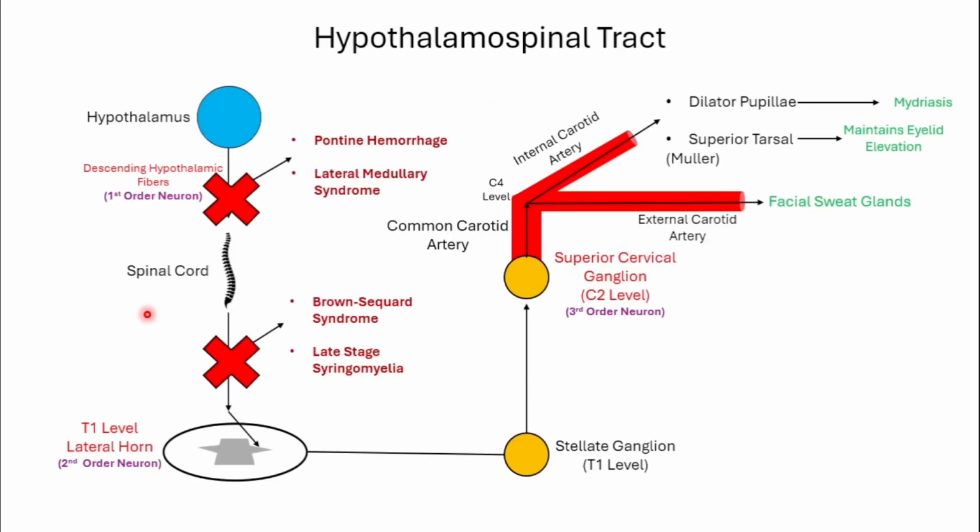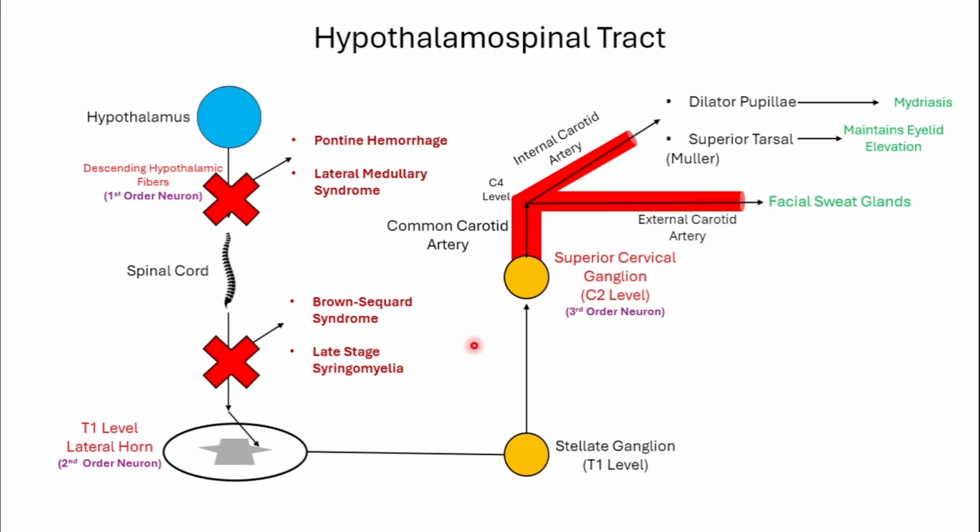So, to quickly recap, a first-order neuron lesion in the hypothalamospinal tract can occur anywhere from the hypothalamus to the T1 level of the spinal cord. Examples are pontine hemorrhages, lateral medullary syndrome, and any spinal cord lesion above T1, such as Brown-Séquard syndrome and late-stage syringomyelia. A second-order neuron lesion can occur anywhere from the lateral horn of T1 to the superior cervical ganglion.